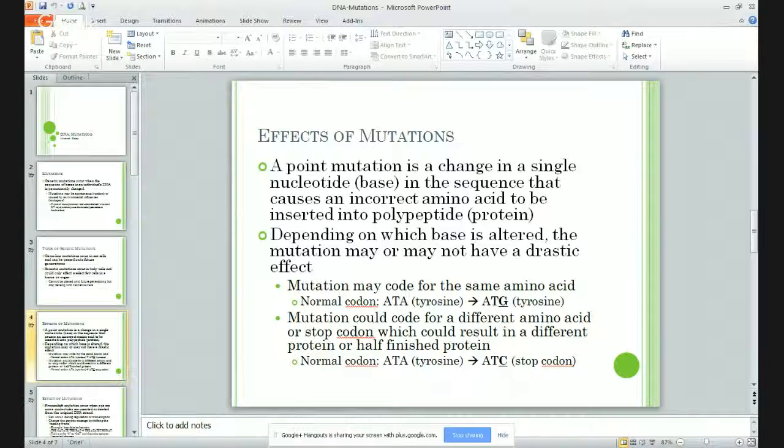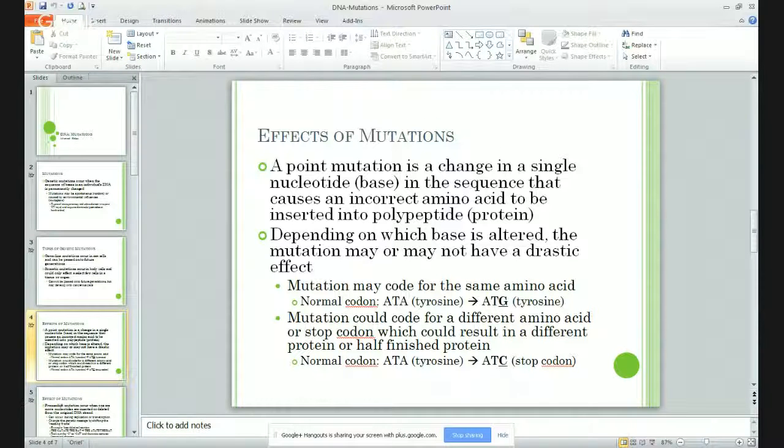Since that code is degenerate, meaning the codons, if you remember back at that protein table, the first two bases were different, but that last base could change. It would still code for the same amino acid, so that's that first option. So the mutation, even though it is technically changing your base sequence, it might still code for the same amino acid.